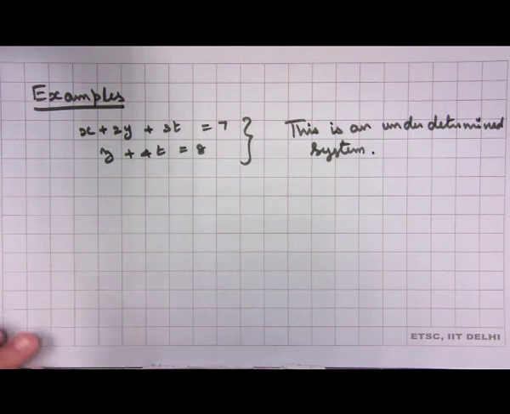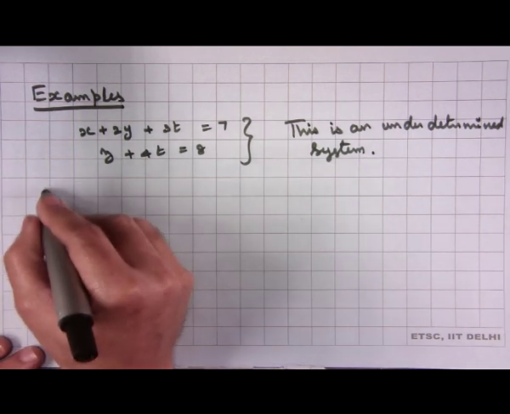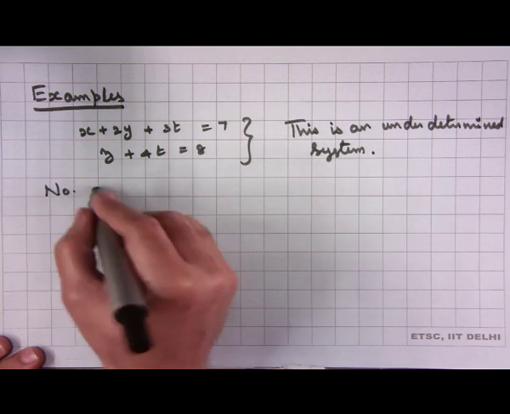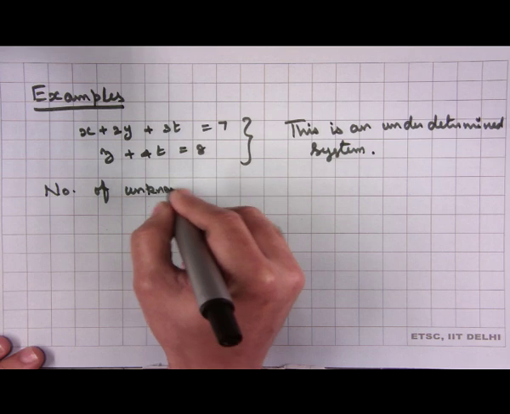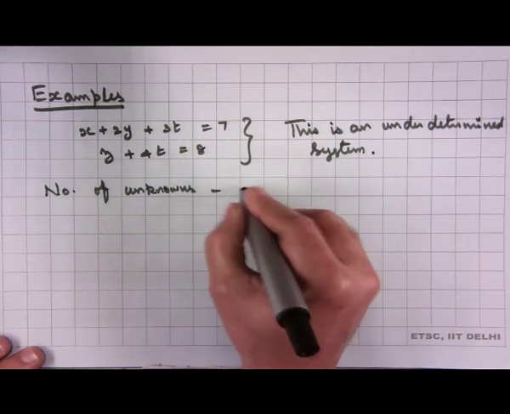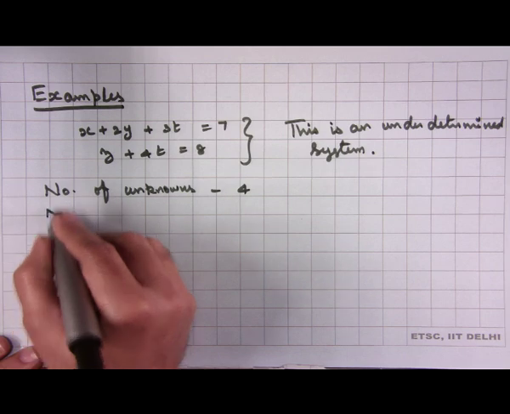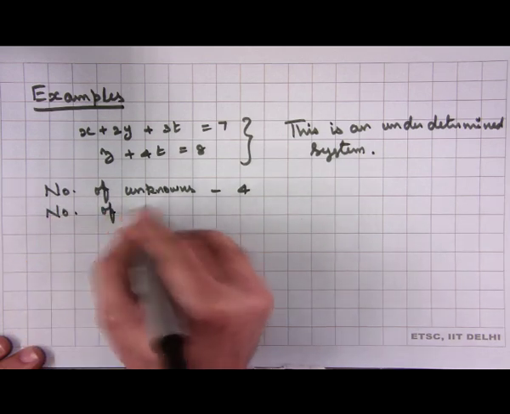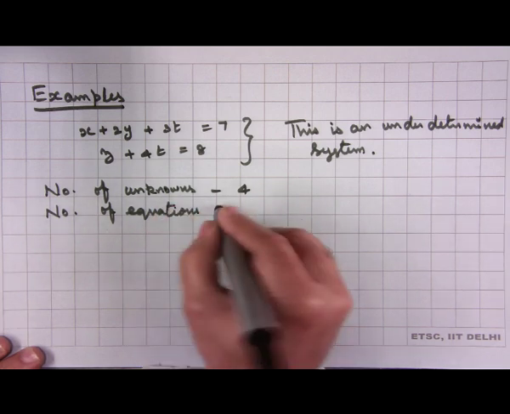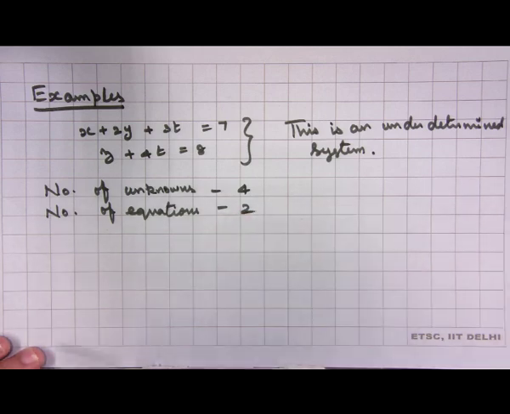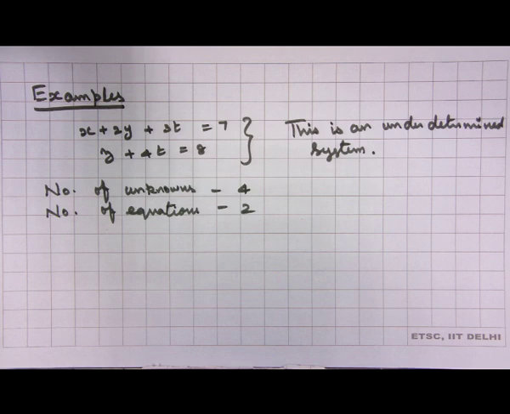That means, let us look at the number of unknowns, or the number of variables that we have, is 4. The number of equations that we have in this case is just 2. So, 2 is strictly less than 4, therefore, this is an underdetermined system. Let us try to solve this.